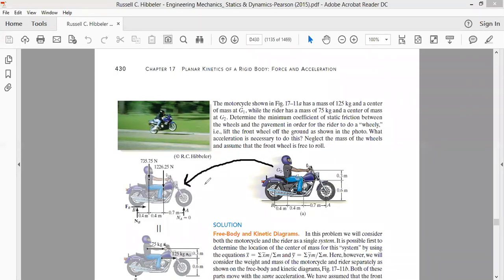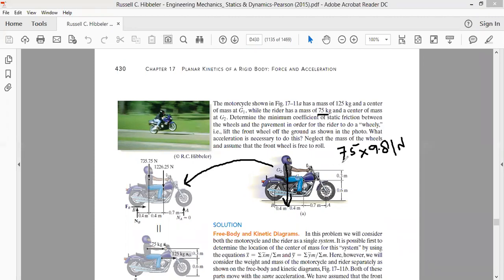I will not waste time drawing the free body diagram. I will use the free body diagram as drawn by the author. First, as far as the rider is concerned, the mass of the rider is 75 kg. So it means 75 into 9.81 newtons of force will be acting through the center of gravity of this motorcyclist.